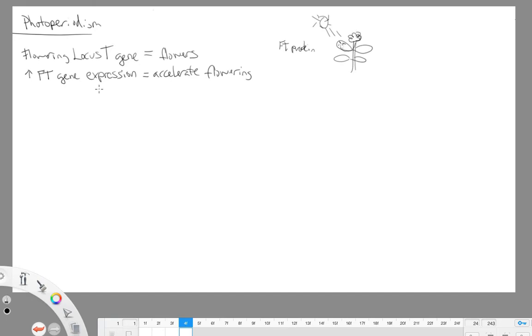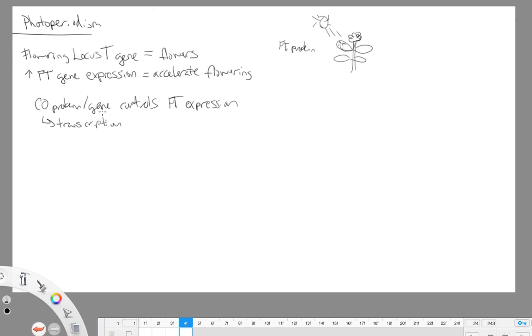Okay. Now, what controls this gene expression is CO protein. So there's another gene, a CO gene, and I'll say CO protein / gene controls FT expression. So this CO protein is a transcription factor.